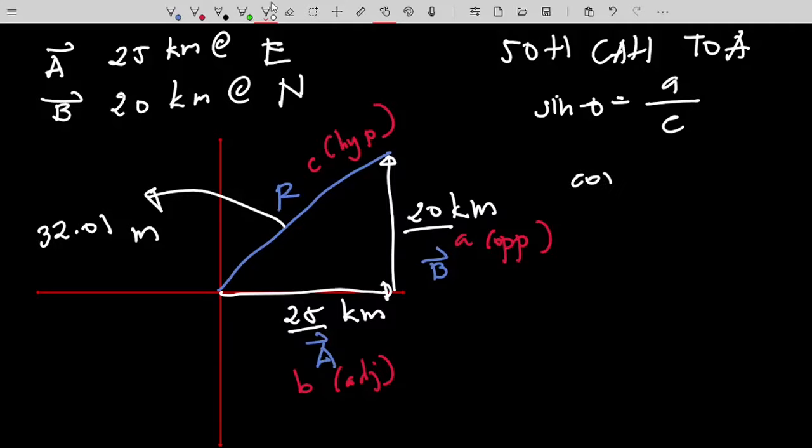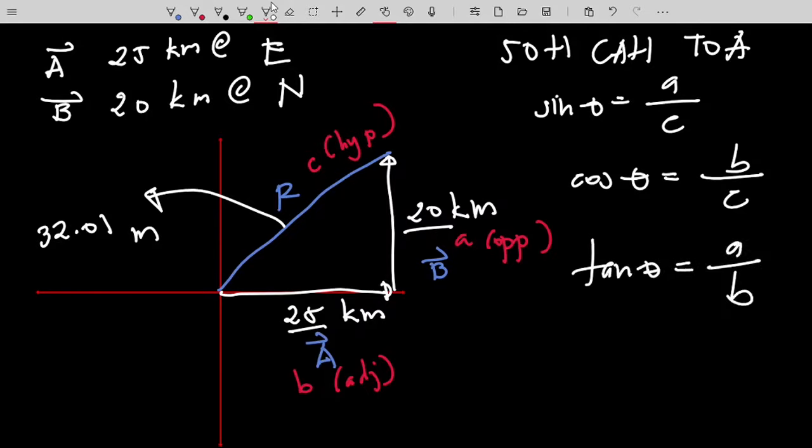Cosine theta equals side B over side C, or adjacent over hypotenuse. And tangent theta equals A over B, or opposite side over adjacent side.